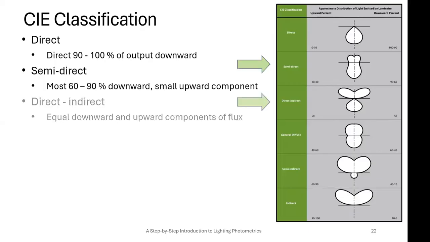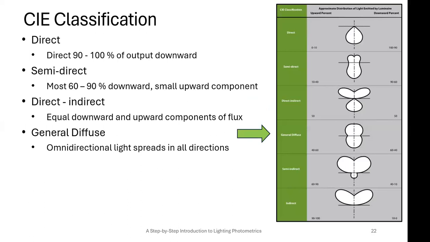Then you've got direct-indirect, so it's equal. This was a very popular distribution in schools back in the day. I remember growing up in this. Fluorescent luminaires, direct-indirect, 50 up, 50 down. And then general diffuse. This is omnidirectional light, it spreads in all directions, everywhere.